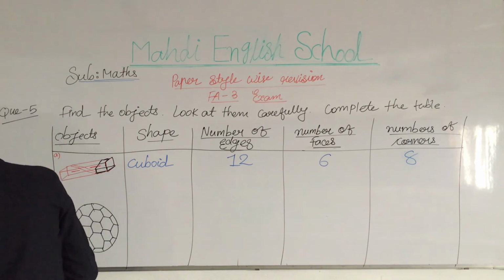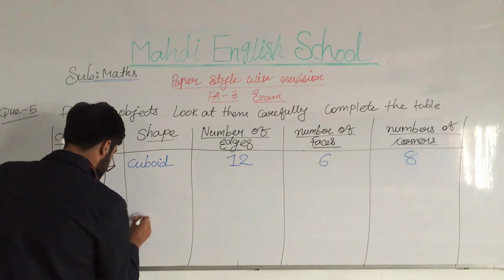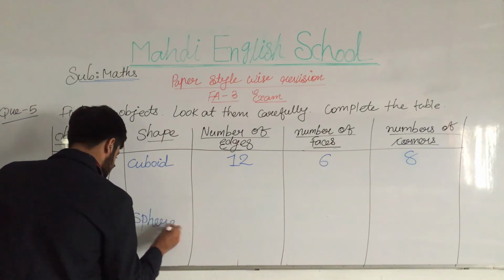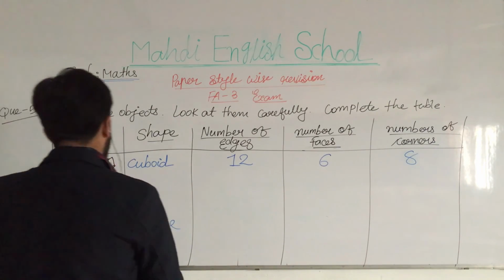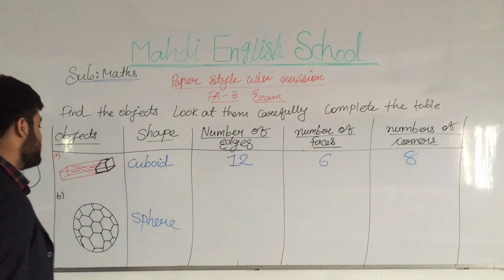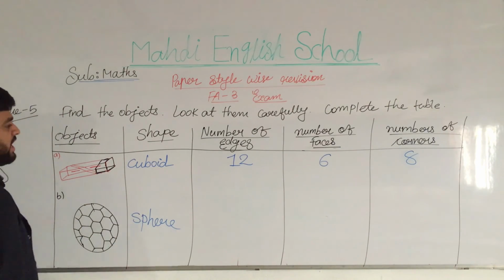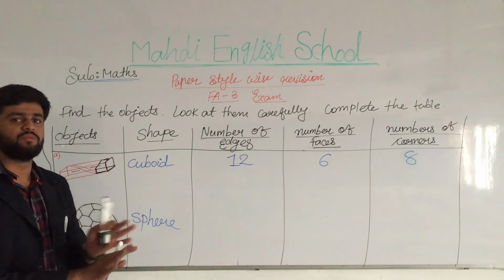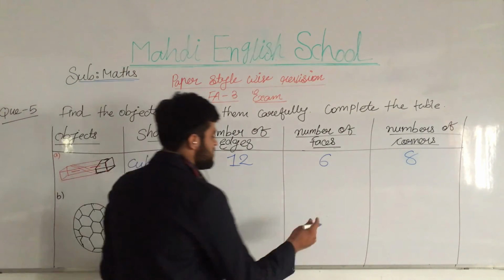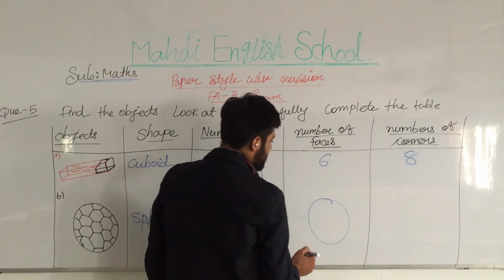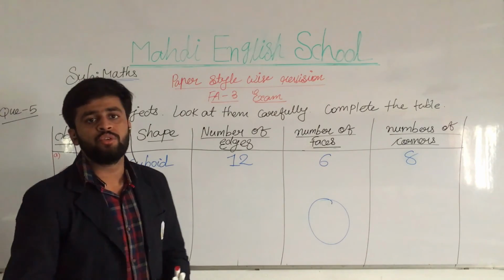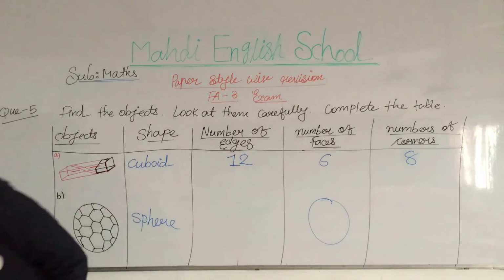We have mentioned a circle. Now, my dear students, number of edges. See, this is round, and round has no edge. This is spherical: no edge, no corner, no faces.